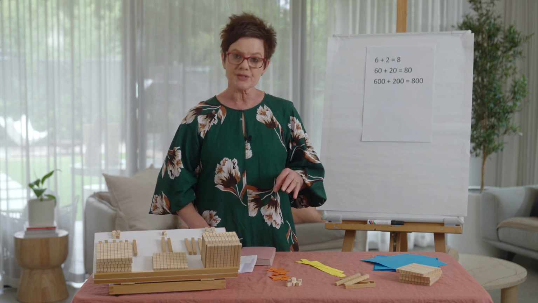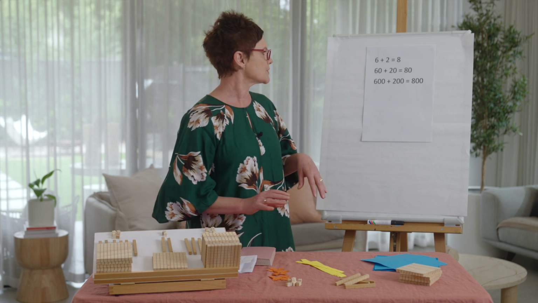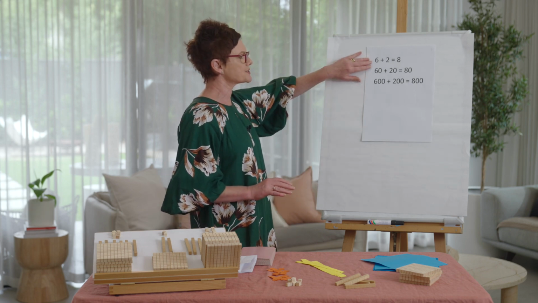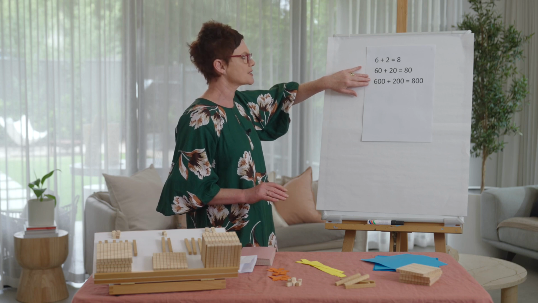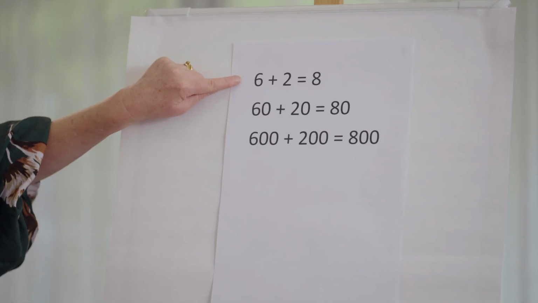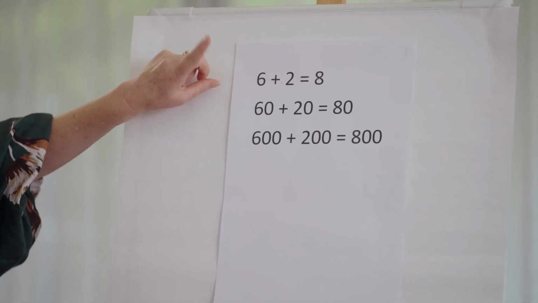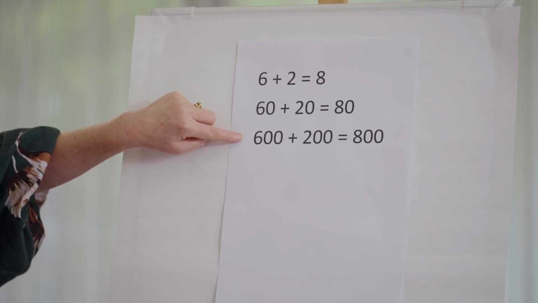So today's lesson we're going to start with a number talk, and it's a little bit more unusual because we're looking at this wonderful pattern that we can see before us, which is if I know my ones, I will know my tens and I will know my hundreds.